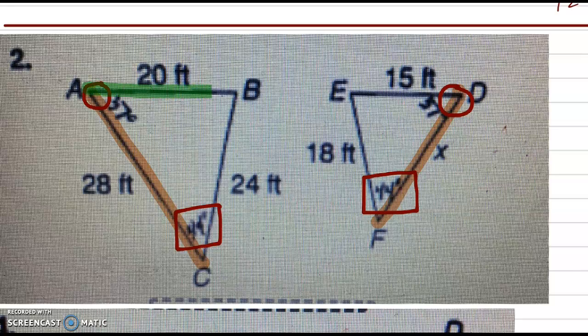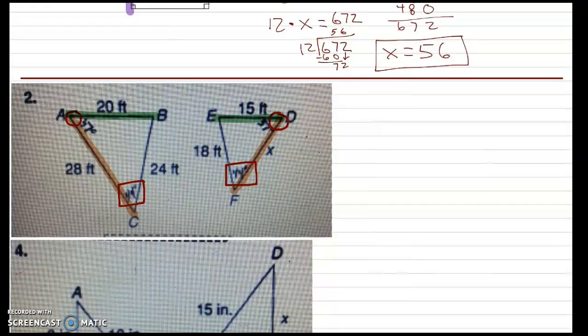So from the circle to that angle that's not labeled, and if I do it on the other one, from the circle to the angle that's not labeled, I know that those correspond together. So you've got to take care of that first. It's the exact same thing in word problems with proportions. If you set it up the right way, then you're going to get it right most of the time. It's just somewhat basic math after that.